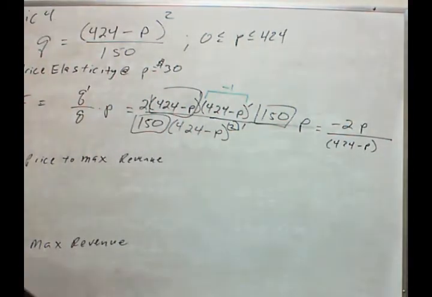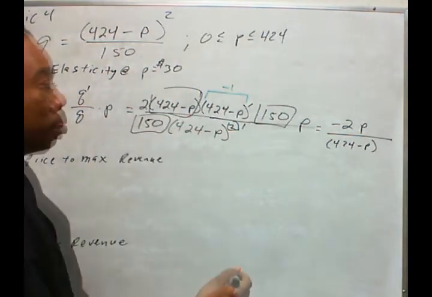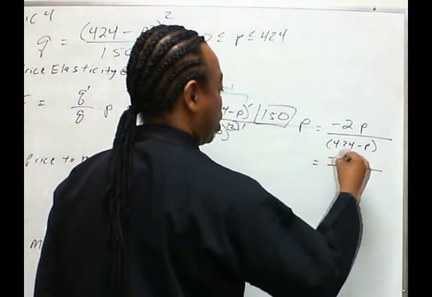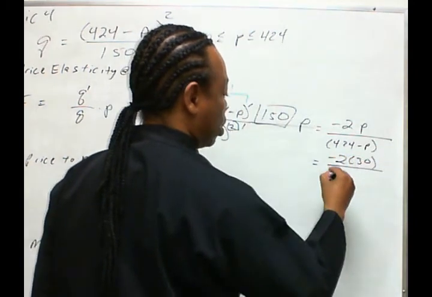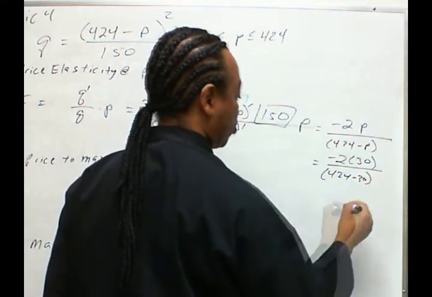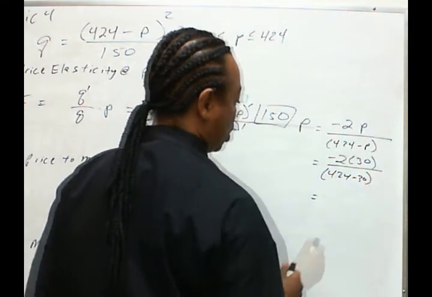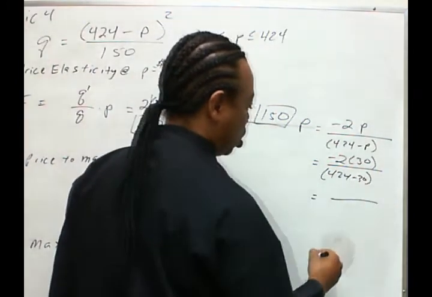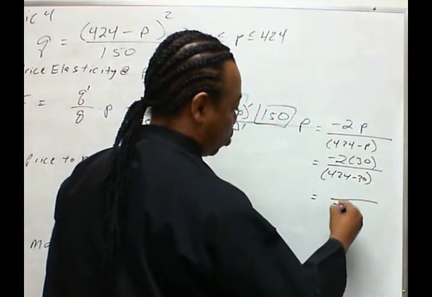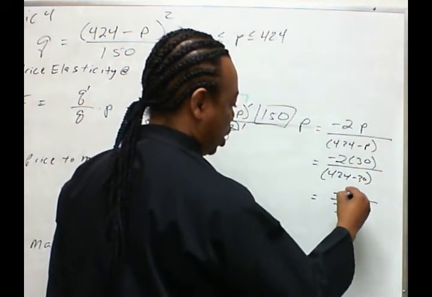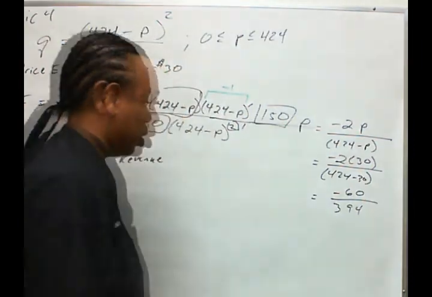Now we know that the price is $30, so we put $30 in here. So negative 2 times $30, all over 424 minus $30. This will be 394, all under negative 60.